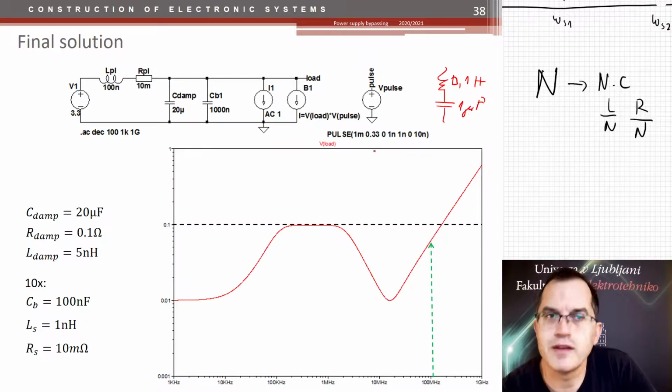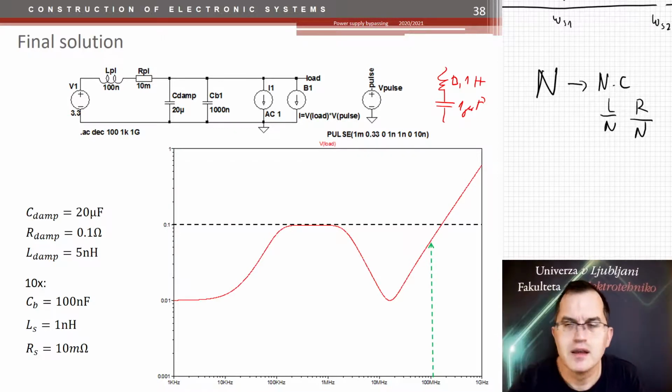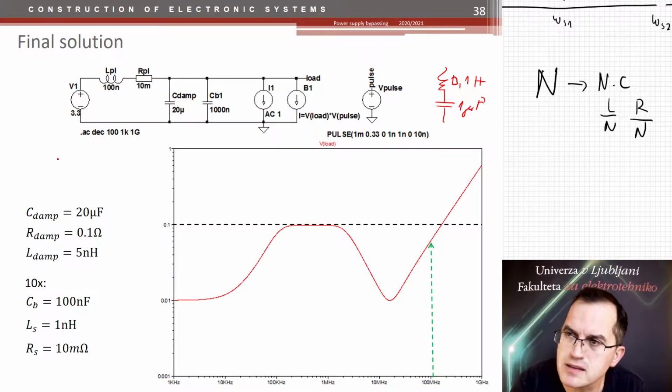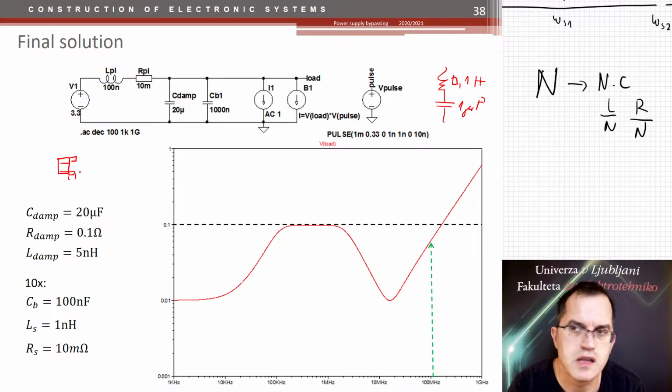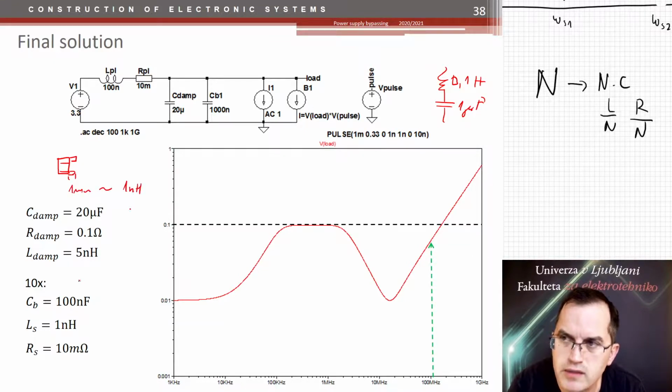Because I can't find such a capacitor. There is none on the market with such a low inductance, and I wouldn't be able to connect it. Please remember, if I put a capacitor and I connect it to something, I need wires, and 1 millimeter is equal to 1 nanohenry.